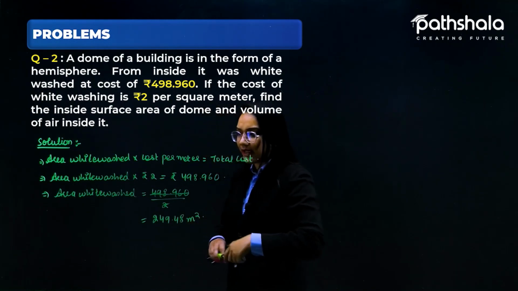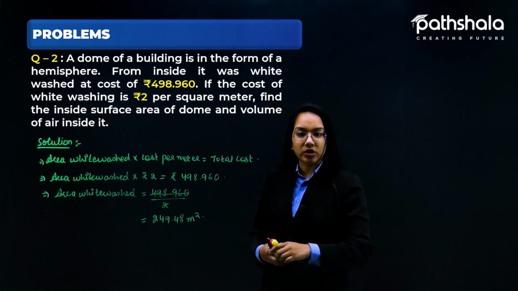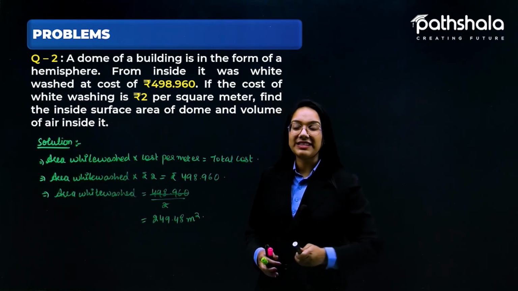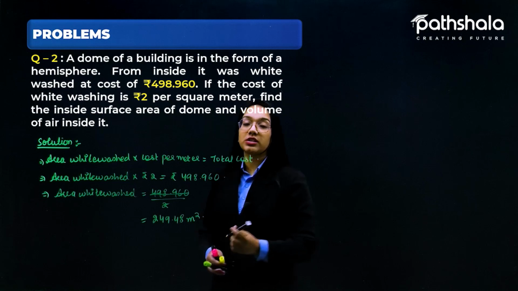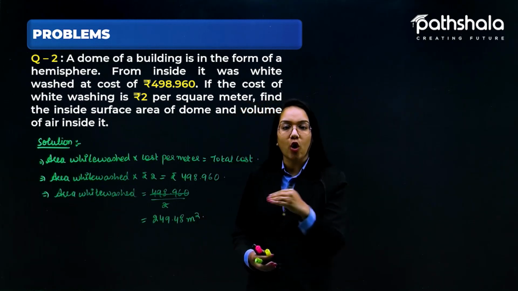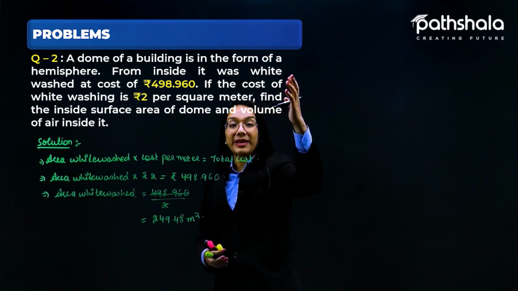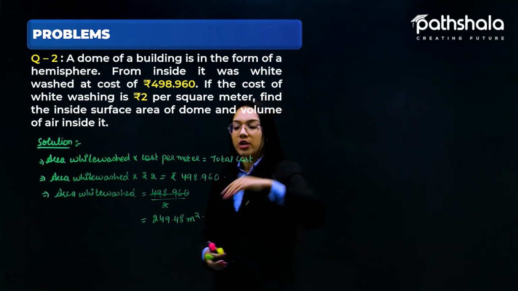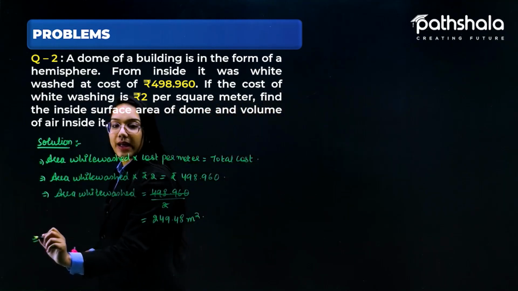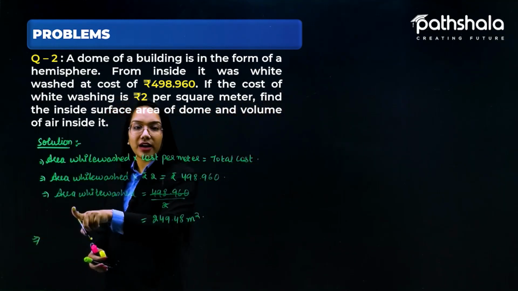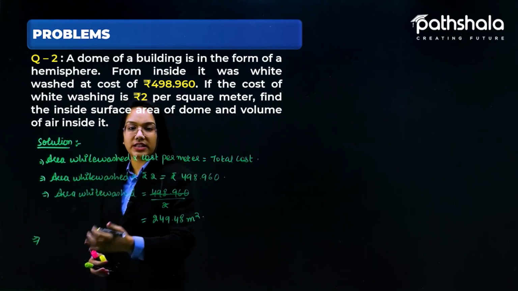Hence this is the area which is whitewashed, and we know that this is the area inside of the dome, because it was whitewashed from inside. So this area is nothing but the inside surface area of the dome.